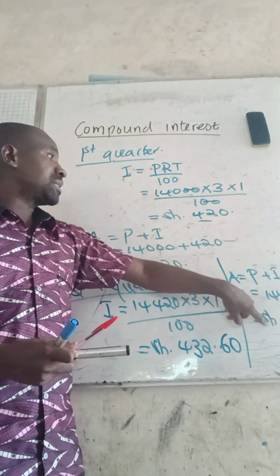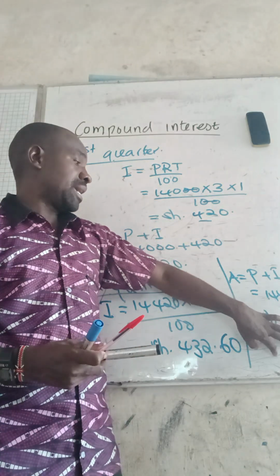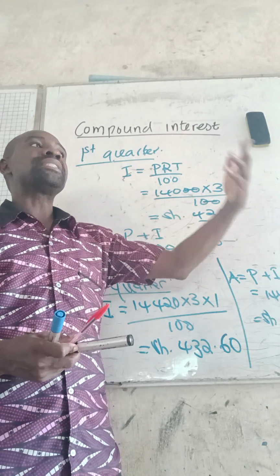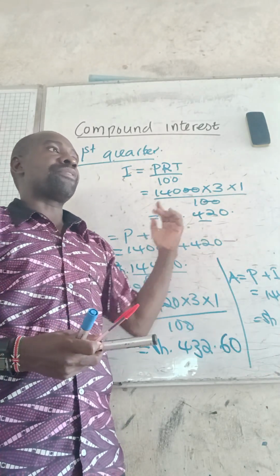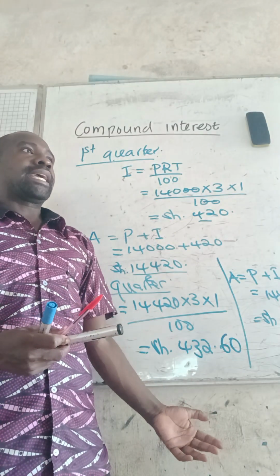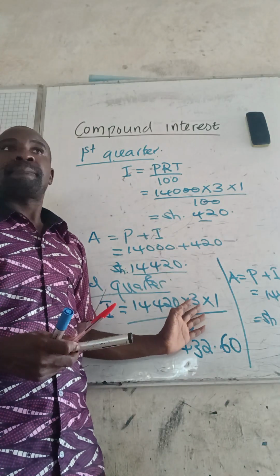The amount accumulated by the end of the second quarter becomes the principal of the third quarter. Can we calculate for the third quarter?